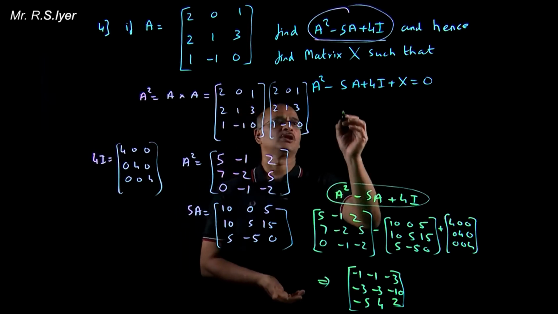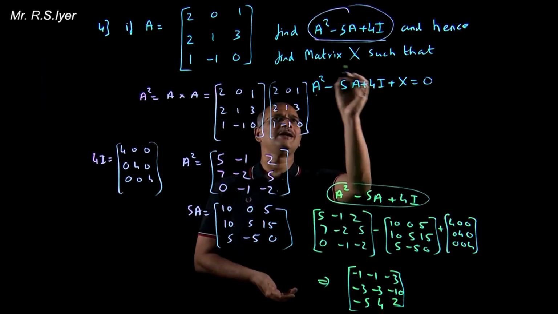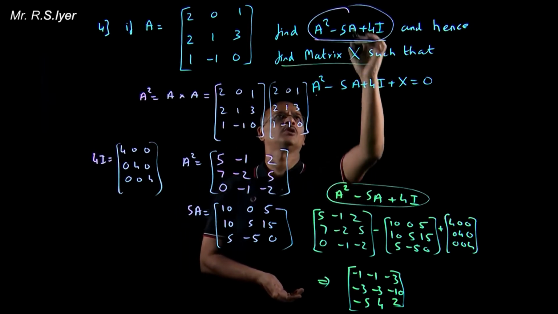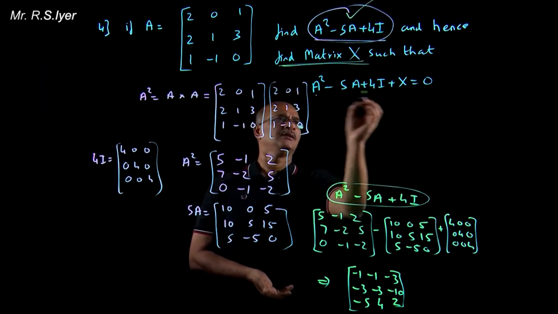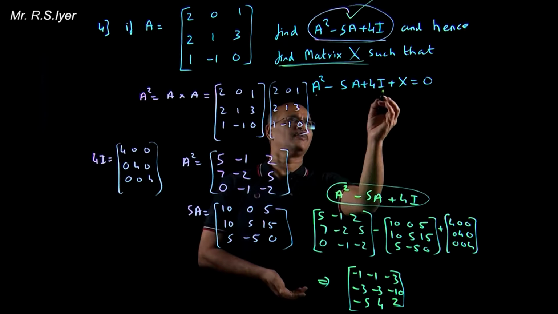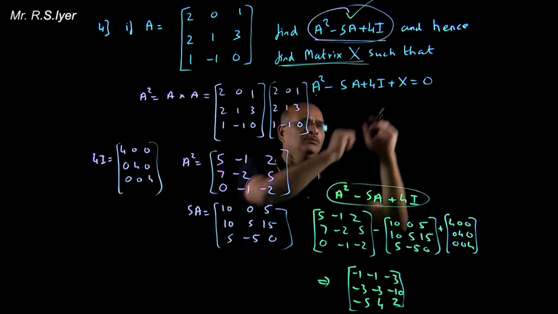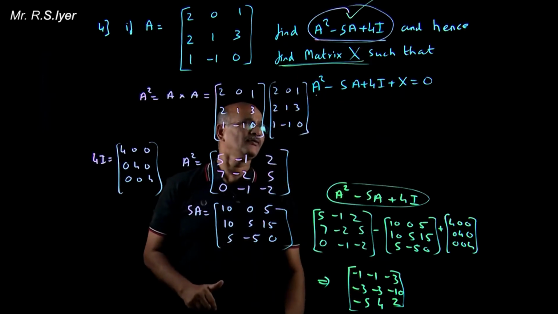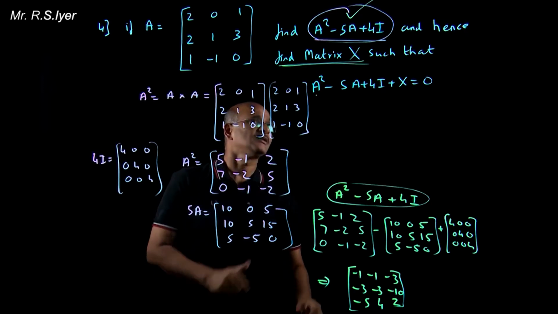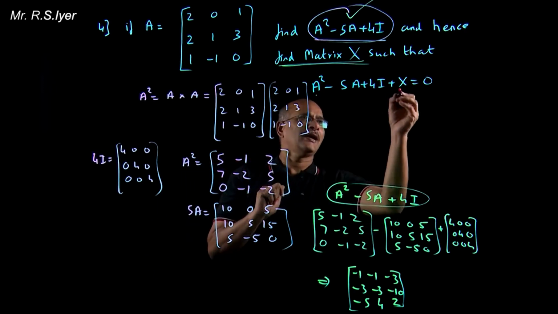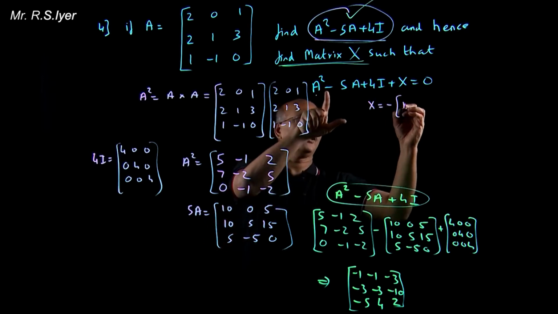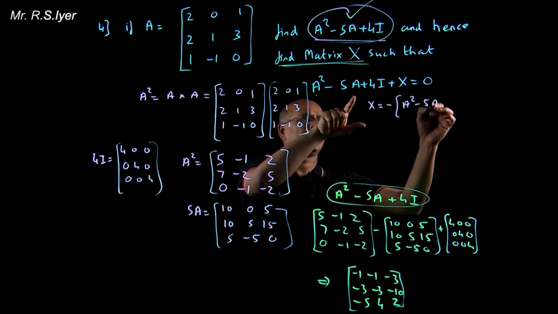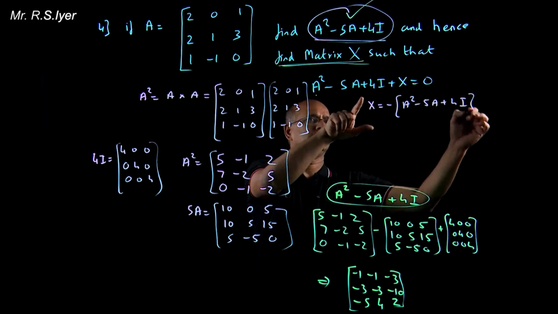What they are asking you in this question, look at the question, they are asking find X, that second question. Find matrix X such that A square minus 5A plus 4I, same thing. Now I want to show you something which you will be surprised. Can I write X as minus of A square minus 5A plus 4I?